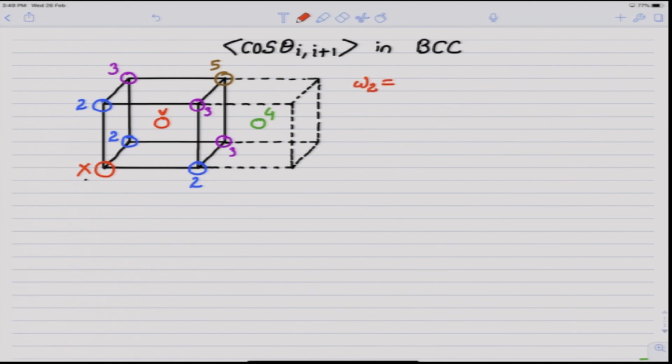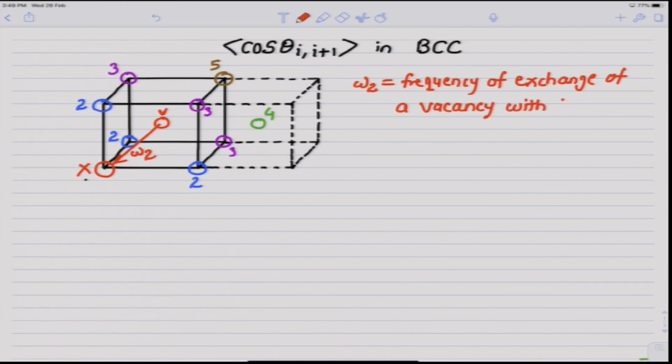So, omega 2 is the frequency of exchange of a vacancy with the tag datum X.